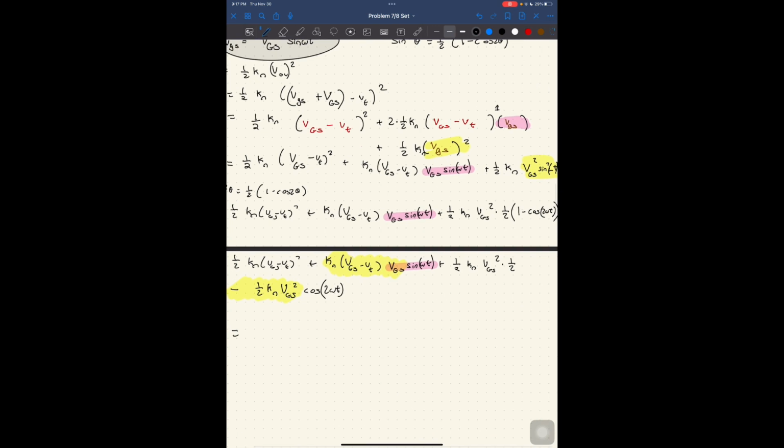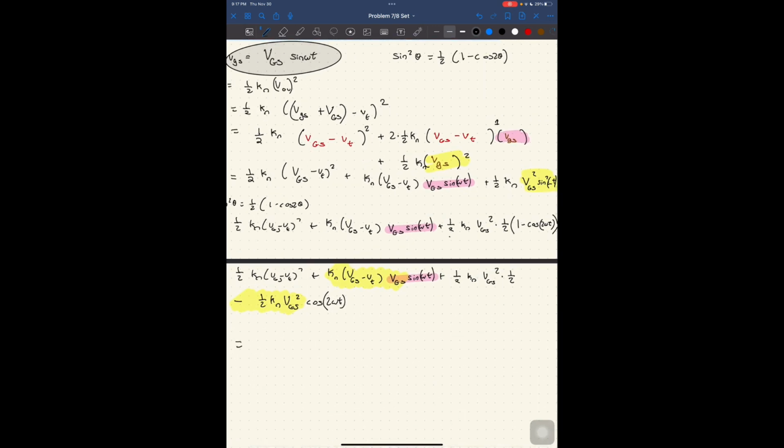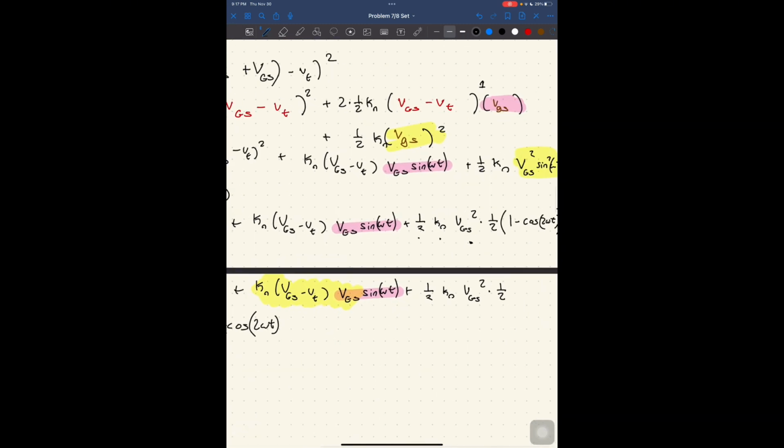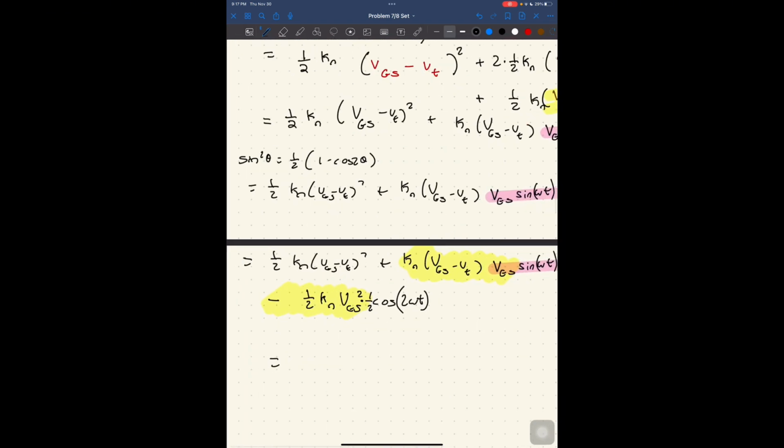Whoa, I missed something. It's half Kn VGS squared, minus times another half, right? Because it's 1, 2, 3, 4 terms times minus cos 2 omega t.